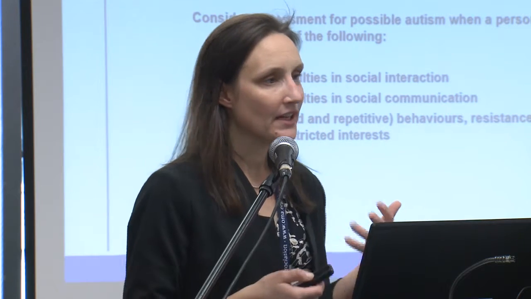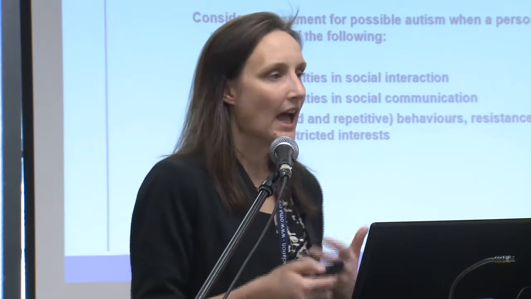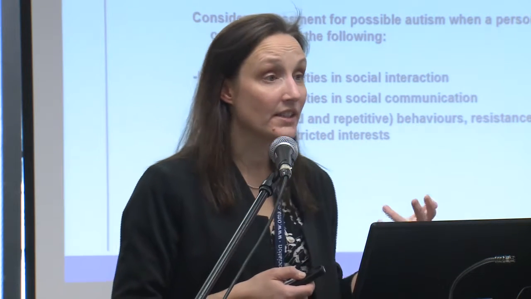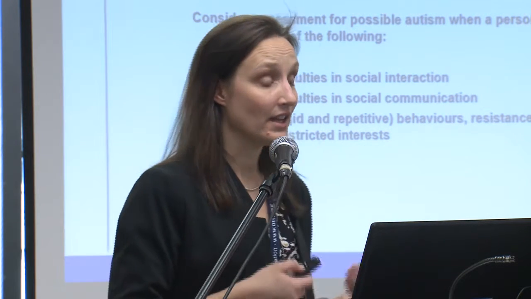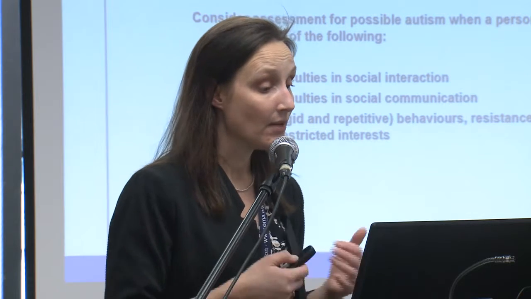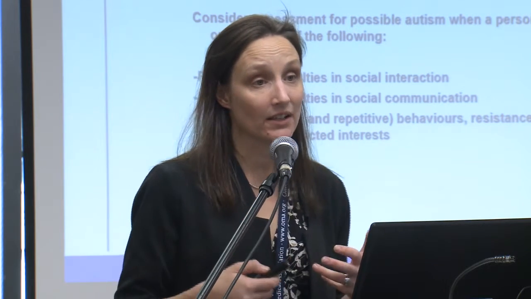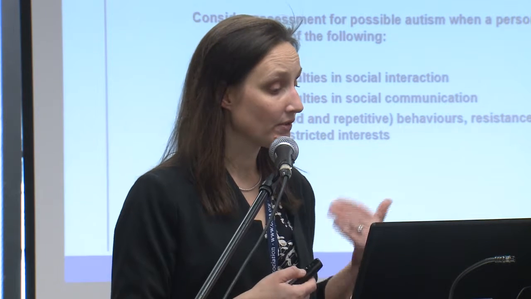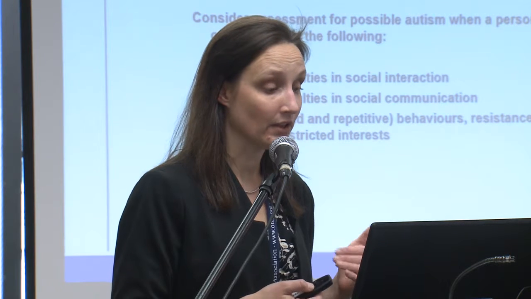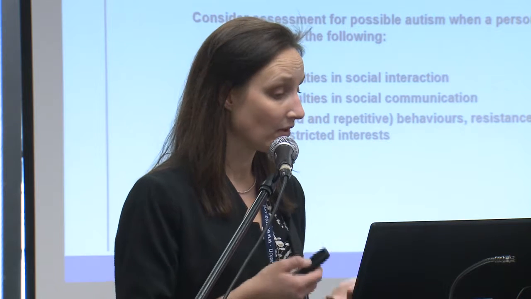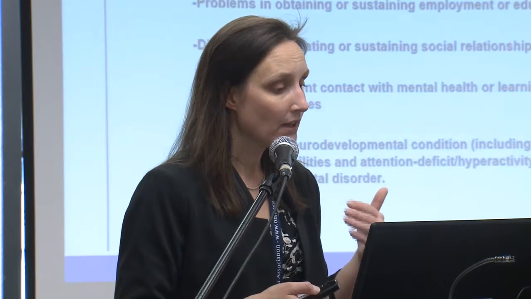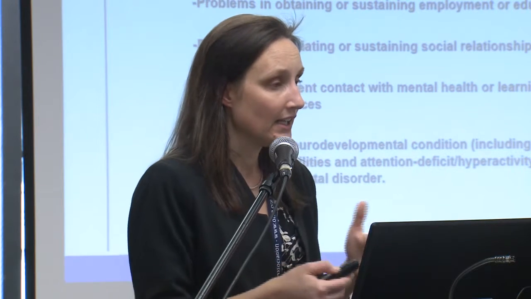Here are some recommendations. We talk a lot about the absence of certain developmental milestones or the positive signs of autism in toddlers and young children, but how does this translate in adulthood, and what are some of the things we might be looking for in our adults in our clinic? So persistent difficulties in social interaction and communication, the stereotypic behaviors and resistance to change or interests, but what does that actually look like in adulthood?